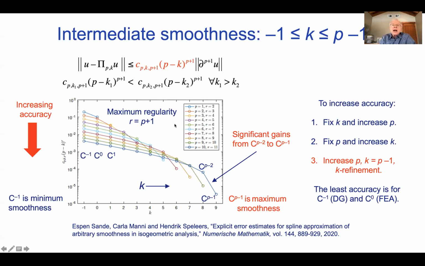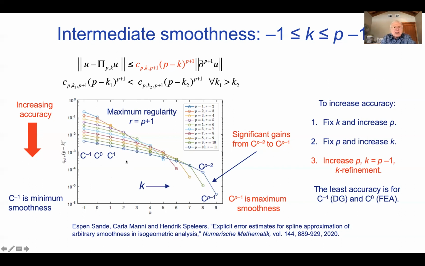And of course, you have to have enough smoothness of the target for these results to be meaningful. But we're assuming maximum regularity. So the regularity is p+1. Now, what we have here is too many curves, I will admit, but let me tell you that the accuracy increases as the points drop.